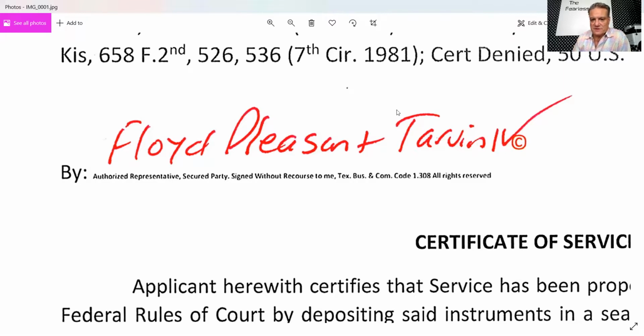That means I have filed a UCC1 financing statement, as this appellation is the secured party, and all variations, abbreviations, and derivatives of this name are the debtors. And it is signed without recourse to me, which also can say without prejudice, which means under the Texas Business and Commerce Code, section 1.308, that all my rights are reserved.